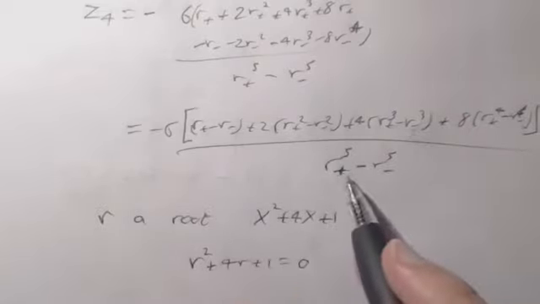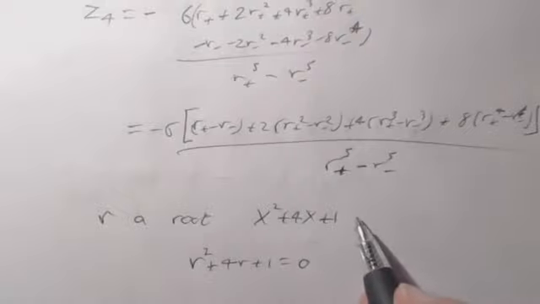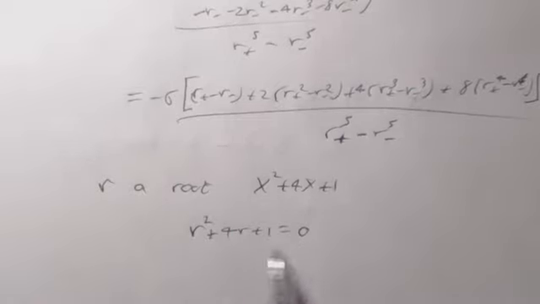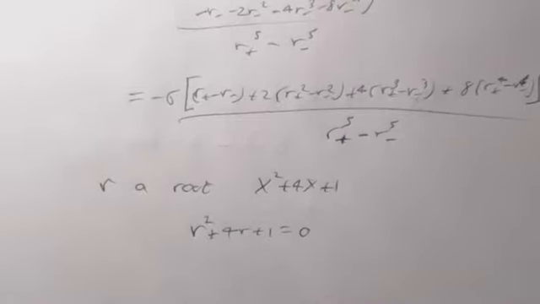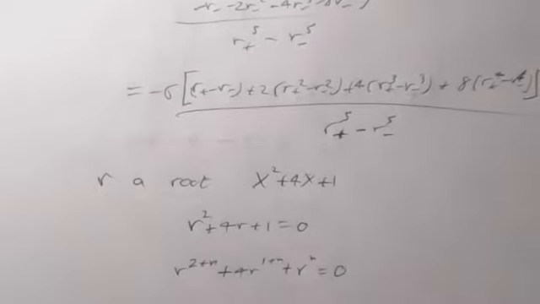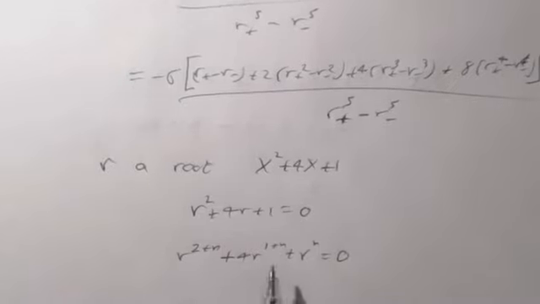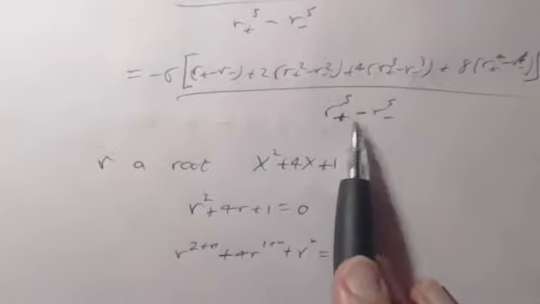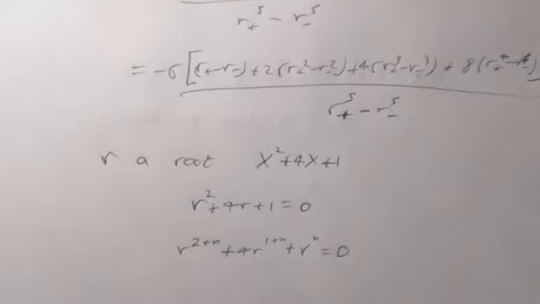And this obviously holds for both r plus and r minus because they're both roots of this. And furthermore, if we multiply through this equation by any power of r, we have that r to the 2 plus n, say, plus 4r to the 1 plus n plus r to the n is equal to 0. So this gives us a recurrence relation for powers of the roots of a polynomial.